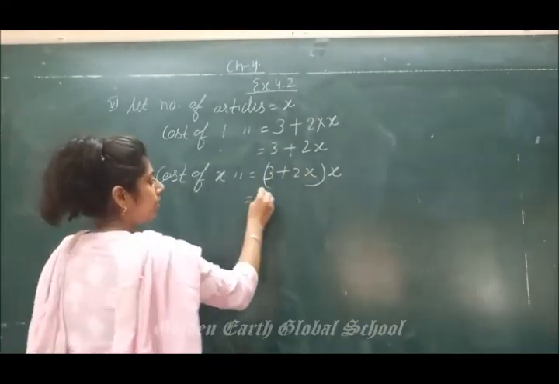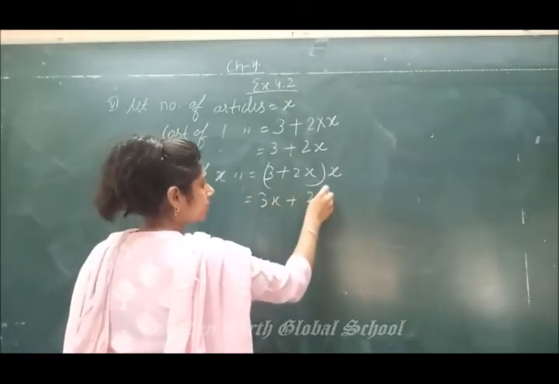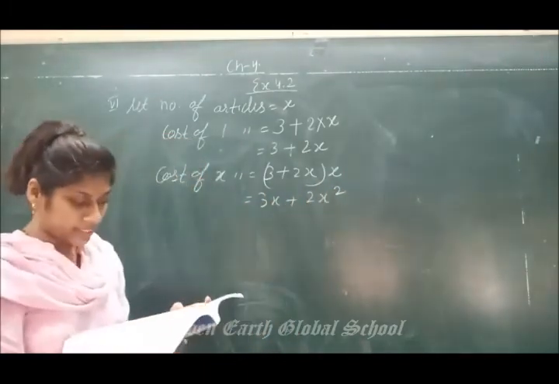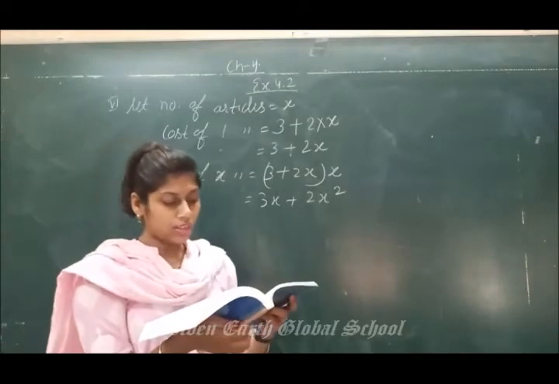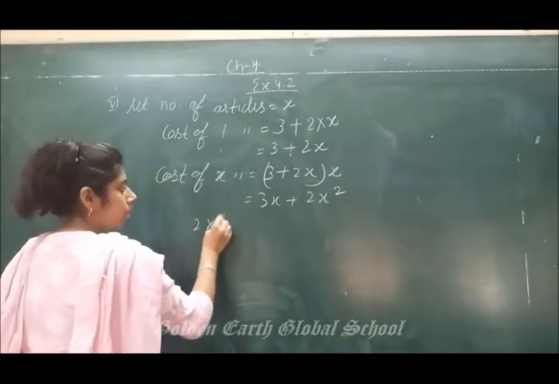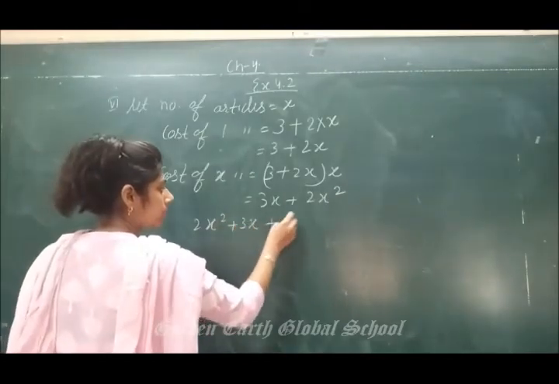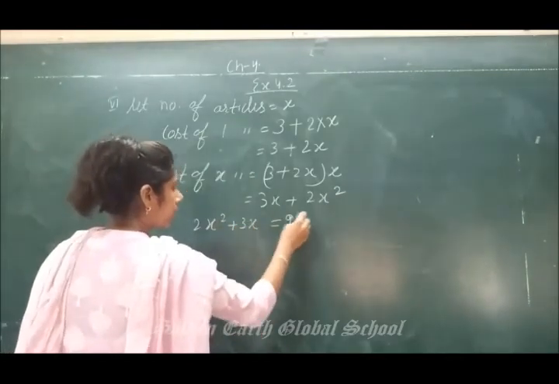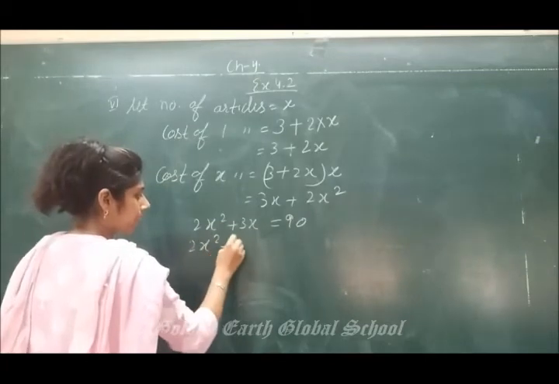So it will become 3x plus 2x square. Now in the next line, the total production cost is also given, that is 90. So it will become a quadratic equation.